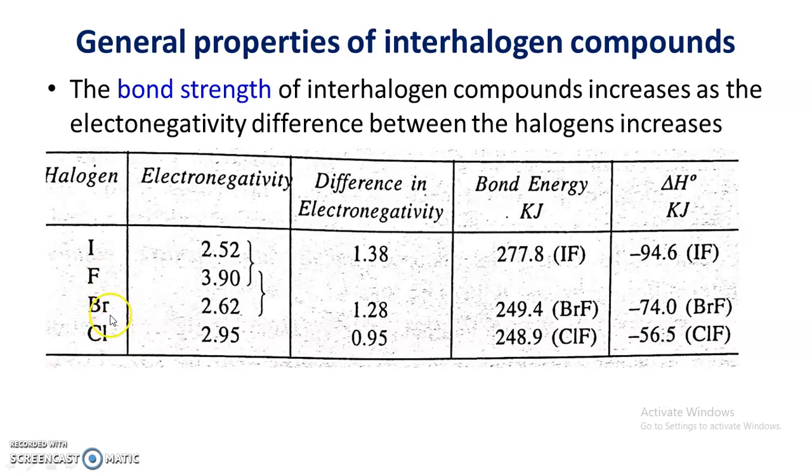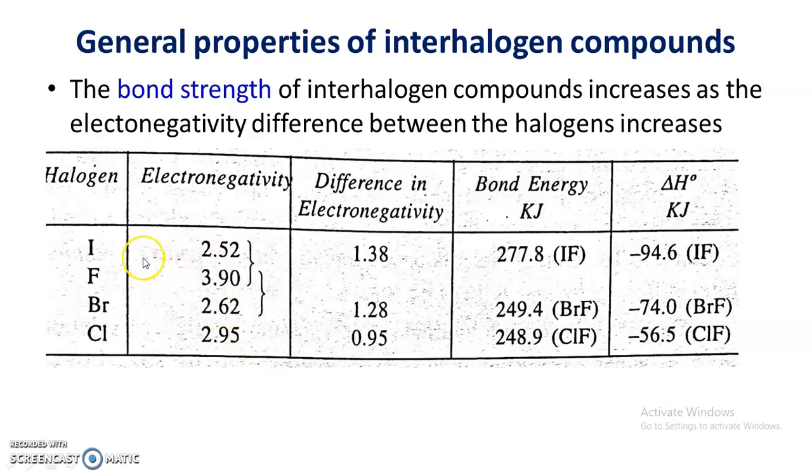Now consider the halogens iodine, fluorine, bromine and chlorine. For iodine, electronegativity is 2.52, fluorine 3.9, bromine 2.62, chlorine 2.95.